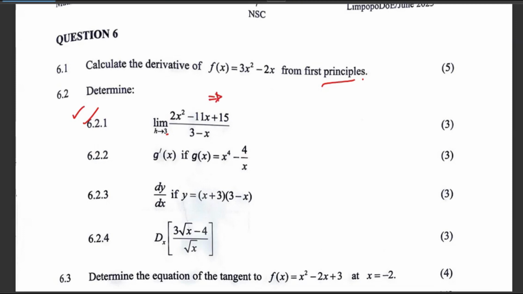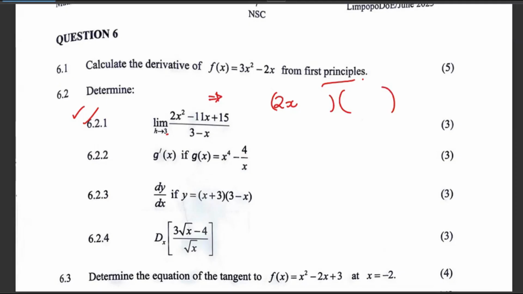Okay, so for us to answer this, we just need to factorize out what is common, meaning that we're going to have a 2x. For us to get 15, we need the 5 and the 3.